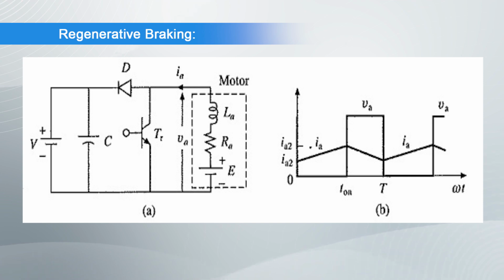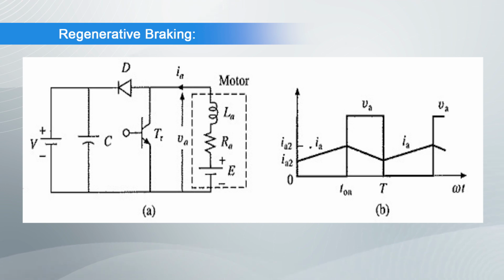The chopper control of a separately excited DC motor for regenerative braking operation is shown in the figure. Transistor TR is operated periodically with a period T and on period of T on.